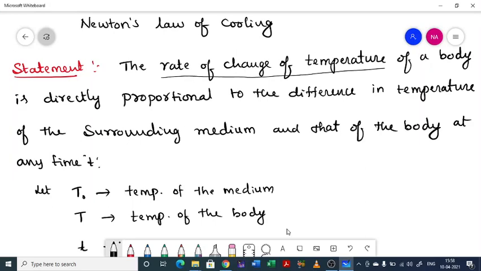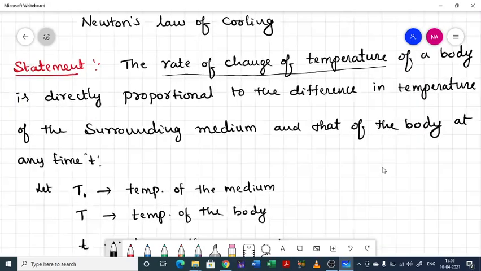That means how temperature is going to vary with respect to time t. So that rate of change will be directly depending on the difference of the temperature of the body and the temperature of the surrounding medium.